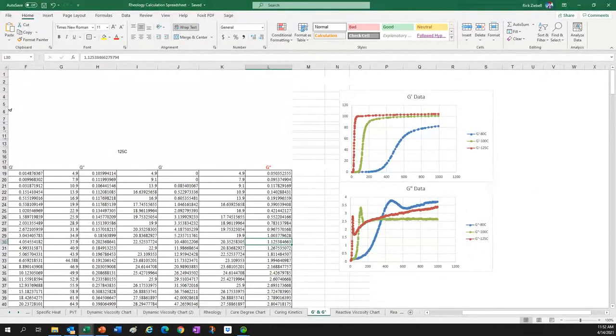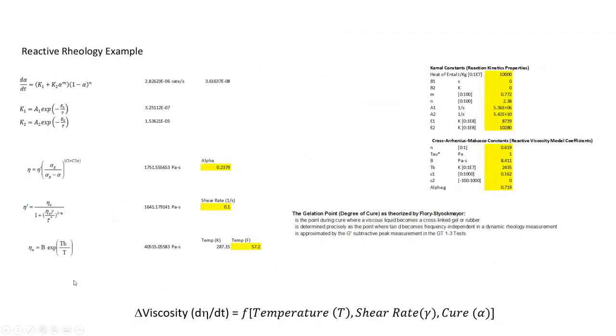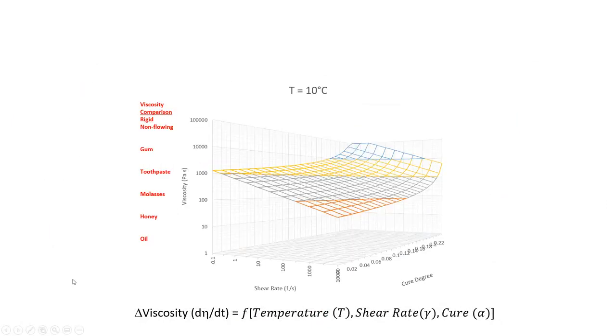Okay, now I have to go back and pull up my presentation and hit this, which should bring it up and take you to the outputs. I put this output by temperature, in terms of log viscosity versus shear rate versus cure degree, to show you every point within the injection flow realm and how the viscosity, in this case of a silicone rubber, changes with temperature.